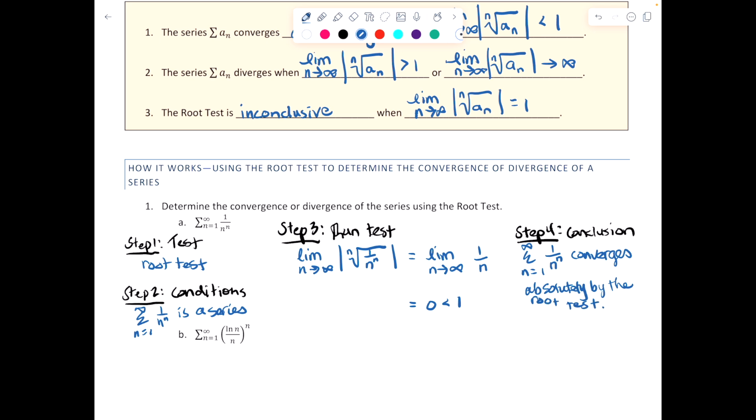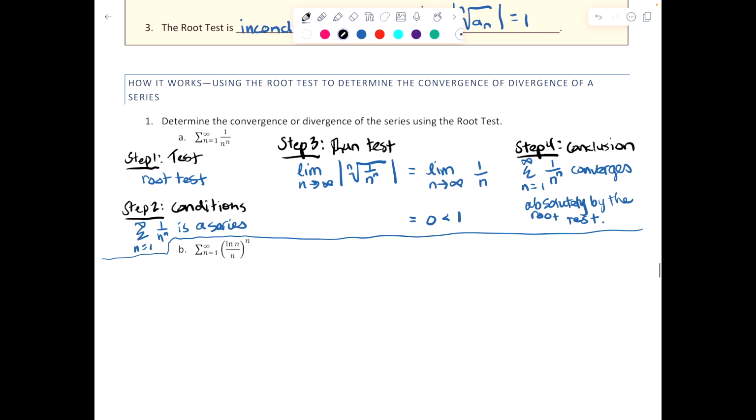Groovy? All right, so now we've got this other series in here. So step 1, what's our test? We are trying out the root test. Step 2, conditions.